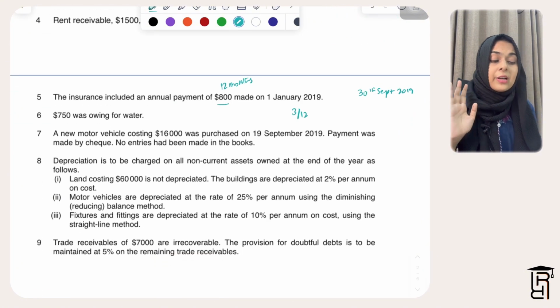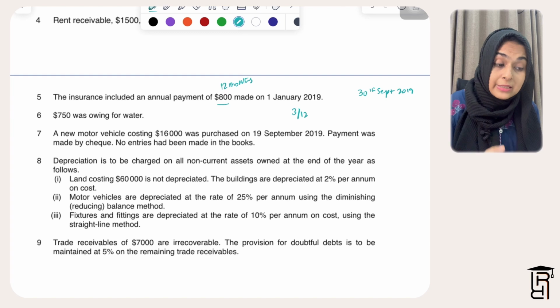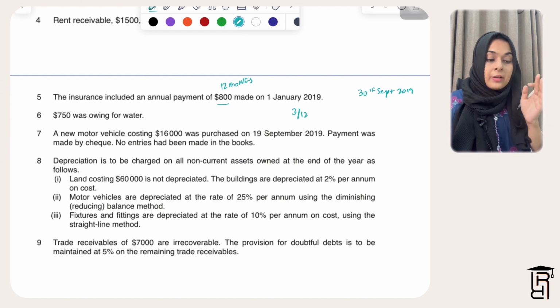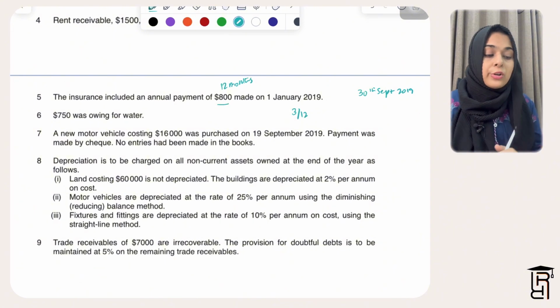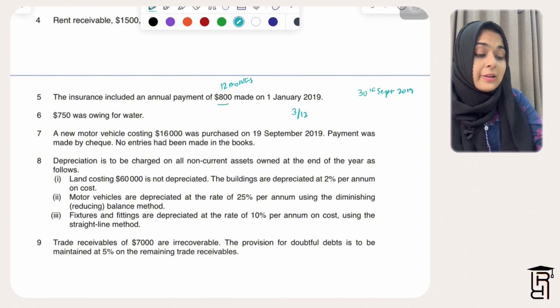So of this payment, 9 months we are using, 3 months we are not using. So we should exclude that from our current year's income statement.